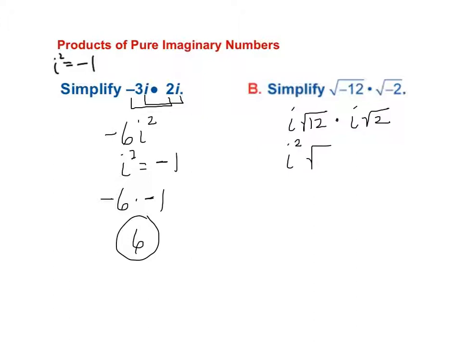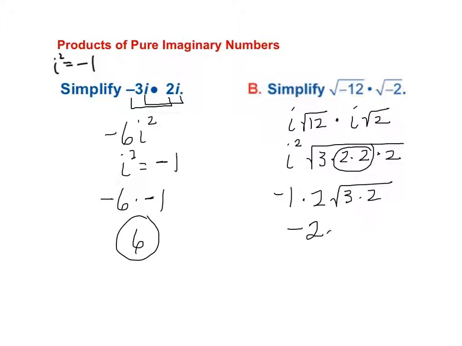And then on the inside, instead of multiplying it together, I'll just factor it: 3 times 2 times 2 is 12, and then times 2 here, and that is a group of 2, a perfect square, so it comes out. i squared is -1 times 2, and then I had a 3 and a 2 left inside. So finishing this off, this would be -2 times the square root of 6.